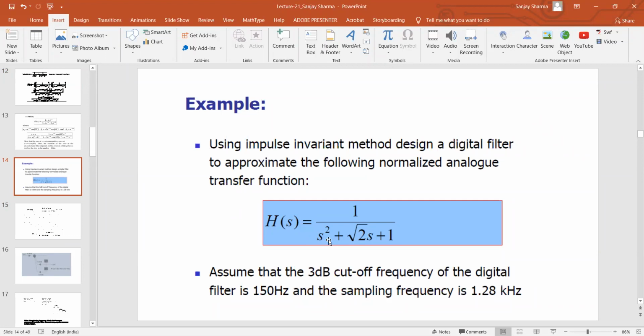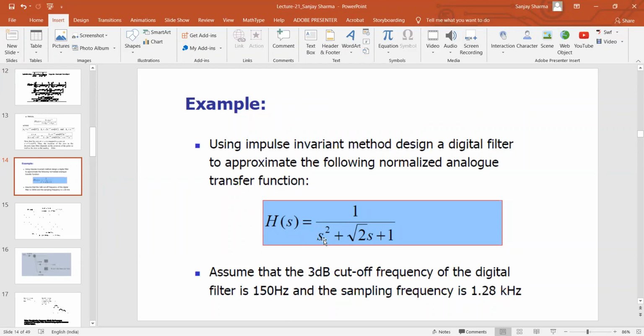If you remember, in my previous lectures, I told you how to get the denormalized transfer function. Replace every s with s by omega c. What is omega c here? This is 150 Hertz. You can calculate omega c from here: 2 pi f will be your omega c.